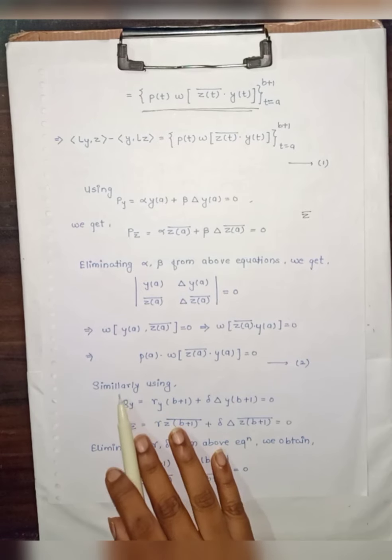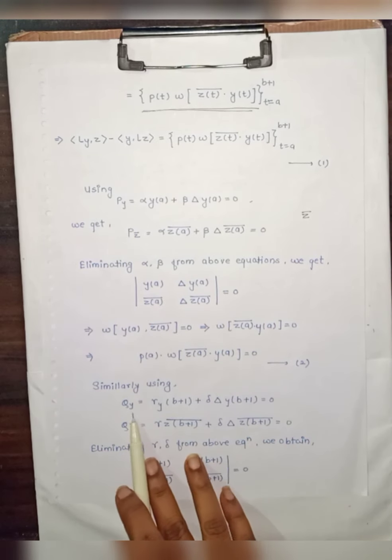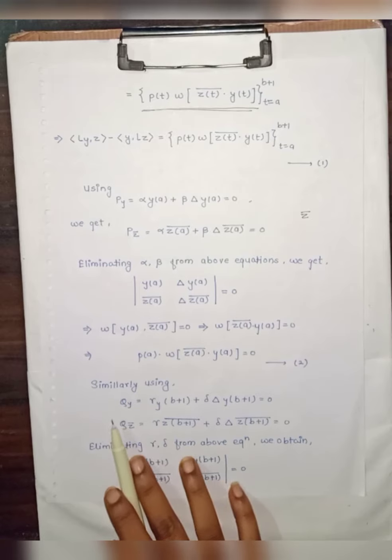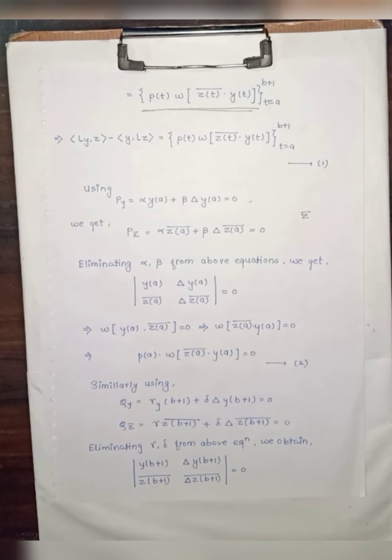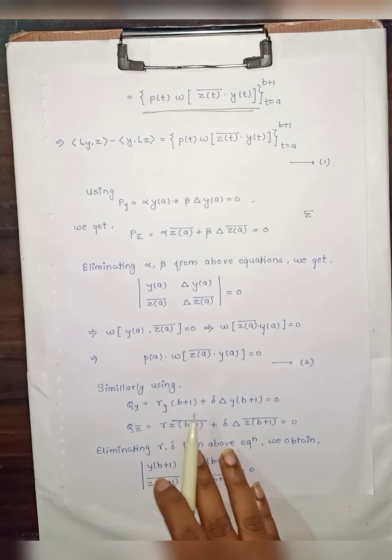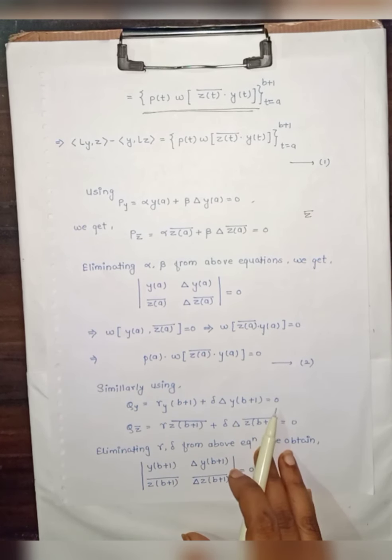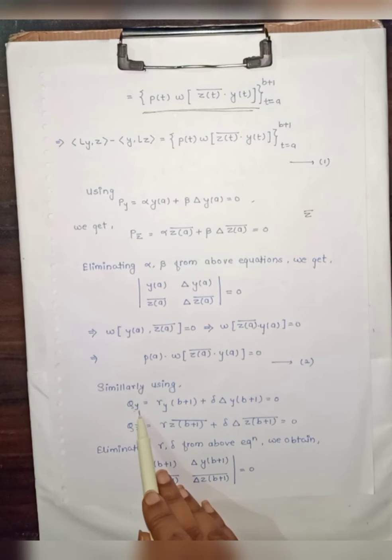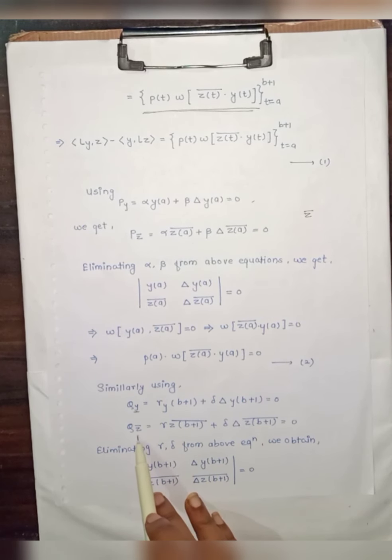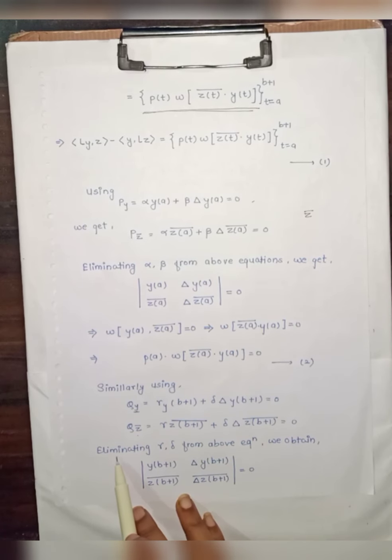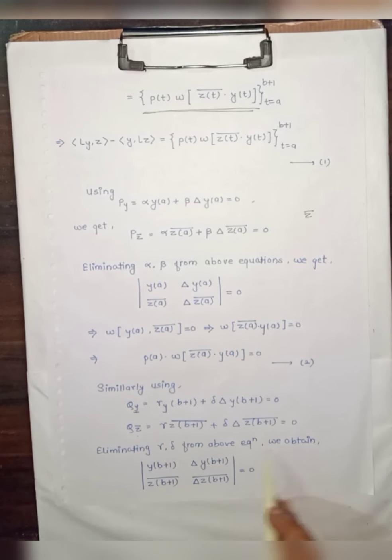Now, similarly, we used py and here we will use qy. Using qy equals gamma y of b plus 1 plus delta capital delta y of b plus 1 equals 0, in the place of y we will use z conjugate. Similarly, eliminating gamma and delta from the above equation, we get y of b plus 1, delta y of b plus 1, z of b plus 1, delta z of b plus 1, where the z terms are conjugates.